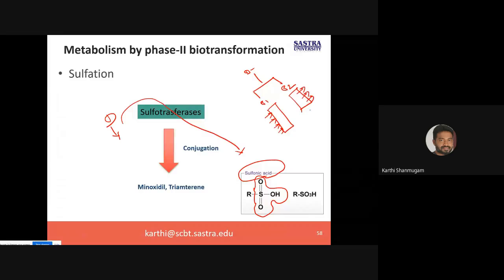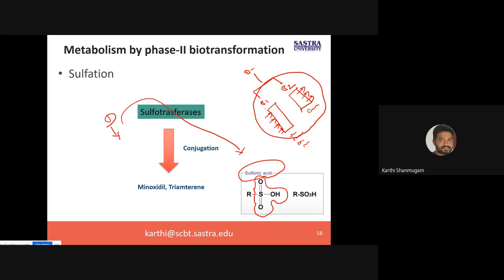So phase two is mainly conjugation. Phase one is oxidation, reduction, alkylation, amination, whatever reaction, right? Almost every reaction is possible in phase one. Both phase one and phase two reactions take place to convert the less water soluble drug molecule into a more water soluble drug molecule, so that it can easily get out of the body, excreted through urine.